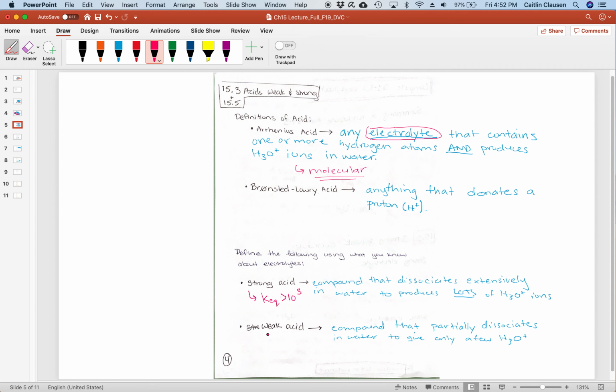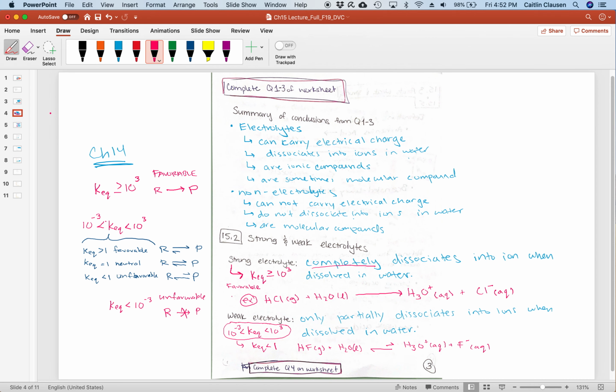For weak acids, it only partially dissociates, when we're saying Keq is somewhere between 10 to the minus 3 and 10 to the third. Just like we did here for strong electrolyte versus weak electrolyte.